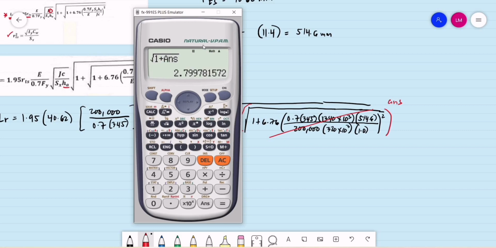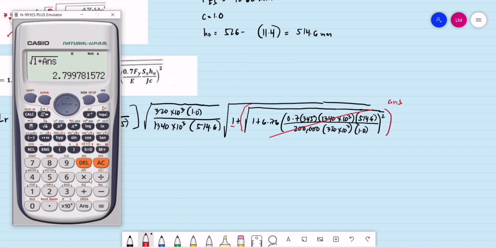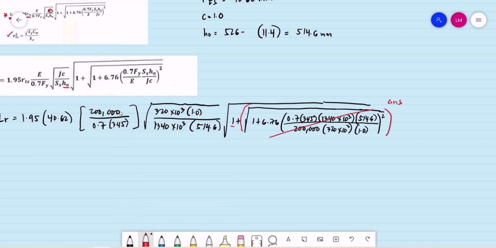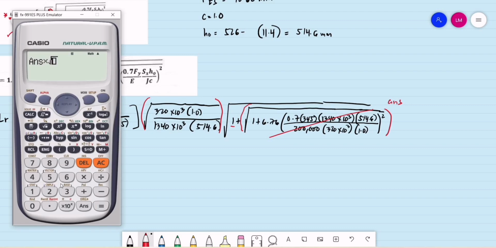Then it's 2.779. We are now ready to multiply it by this term: the square root of 320 times 10 raised to 3 times 1, divided by 1,340 times 10 raised to 3, then multiplied by h sub o, that's 514.6.